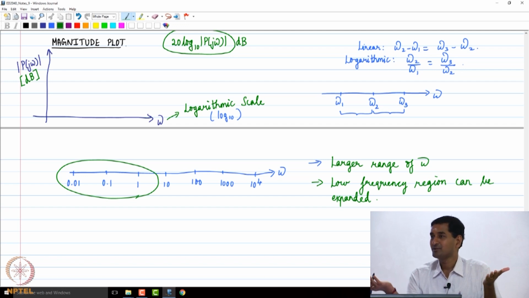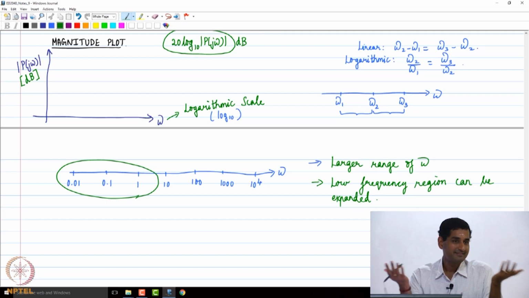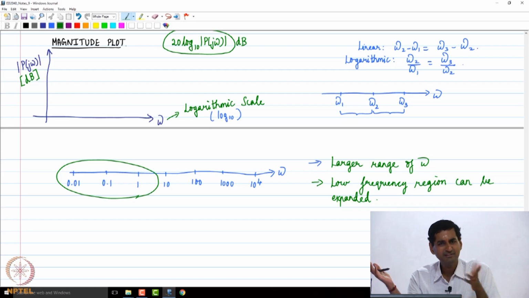If I say omega is 0 in sin omega t or cos omega t, I am going to get either a 0 or a 1. That doesn't make sense for me, because I want to see sinusoidal inputs. So it's not a very serious limitation as far as a logarithmic scale is concerned. That's why we use a logarithmic scale on the abscissa for the frequency.